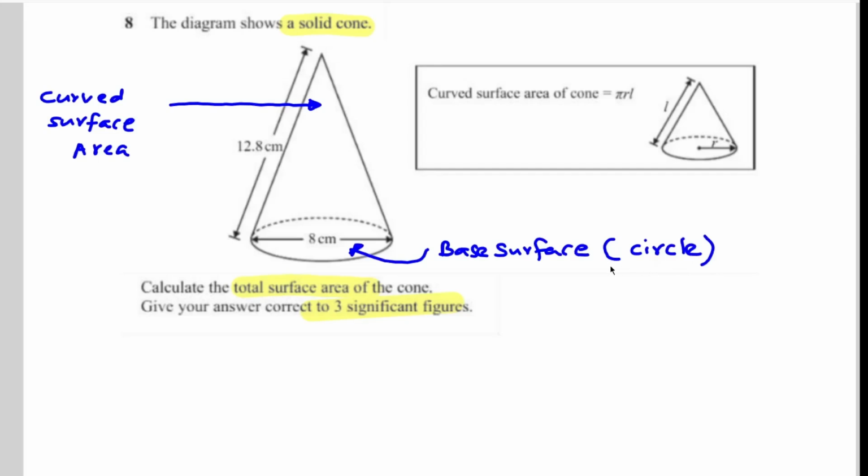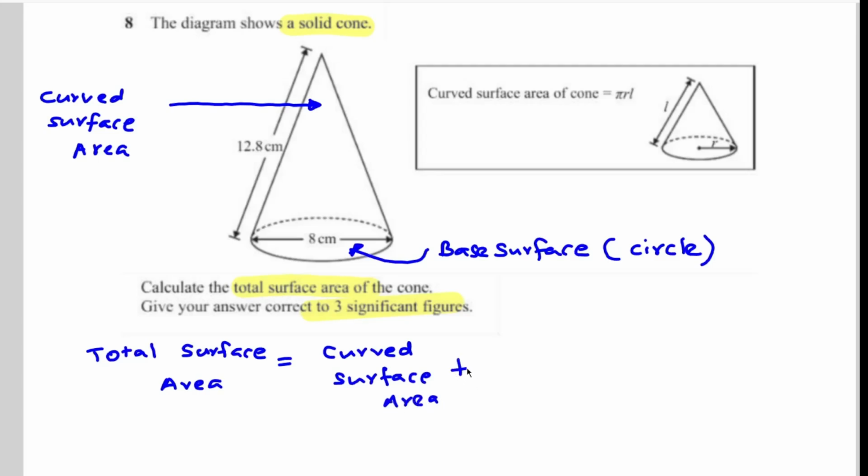So there are two surfaces, then total surface area equals curved surface area plus base surface area, which is circle area.